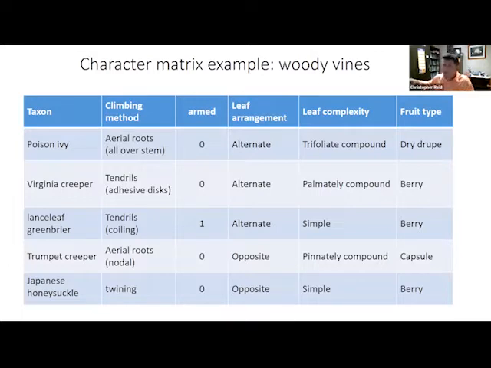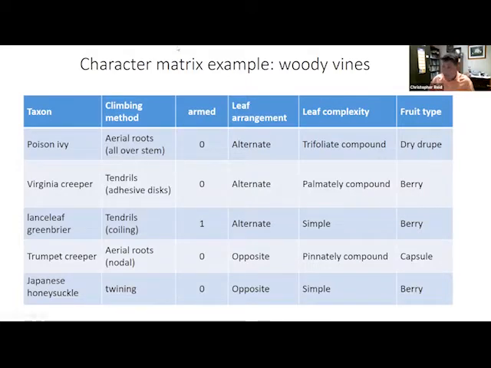A character matrix is simply a table where we have the taxa in a column, characters across the top row, and then we have a number of cells. We have a cell for each character for each species, and in a completed character matrix, all the cells will be filled in by character states.